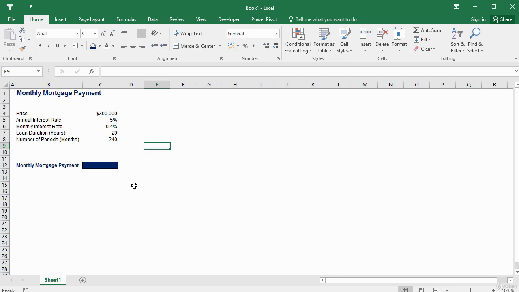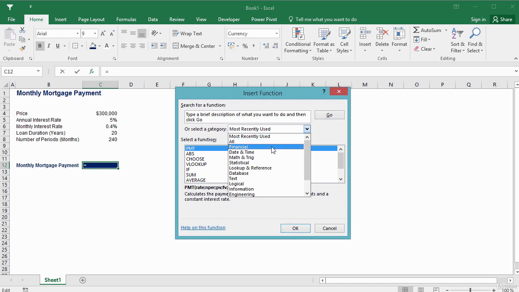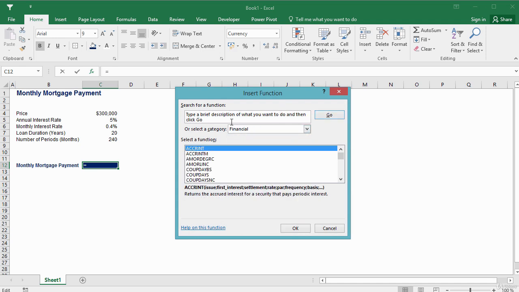All right, let's select the cell where we would like to carry out the calculation and click on the Insert Function button. Here, we will be looking for financial functions, and I'll type payment in the search bar that we have above. All right, the function we are looking for is called PMT.